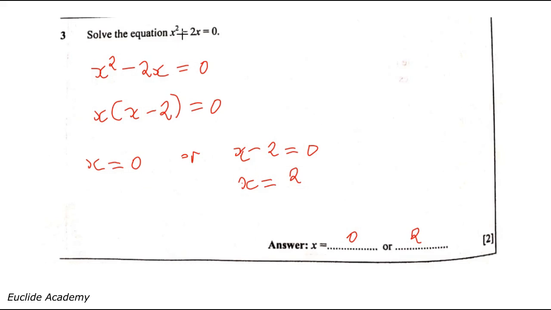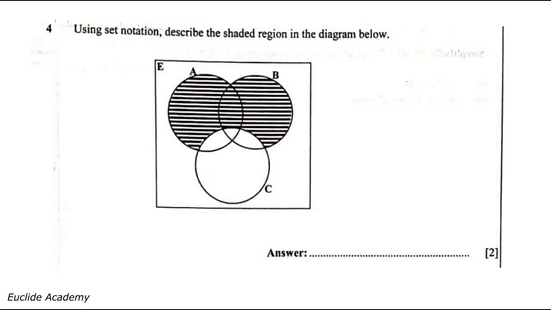If you want to be sure, you can substitute 0 where there's x and you get 0, or you can say x squared, 2 squared, that gives you 4 minus 2 times 2, that is 4, and you get 0. So basically your answers here were x is equal to 0 or x is equal to positive 2.